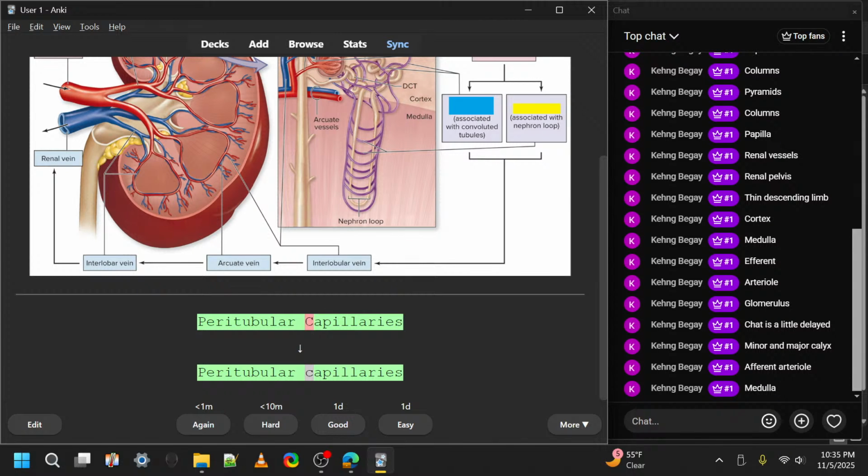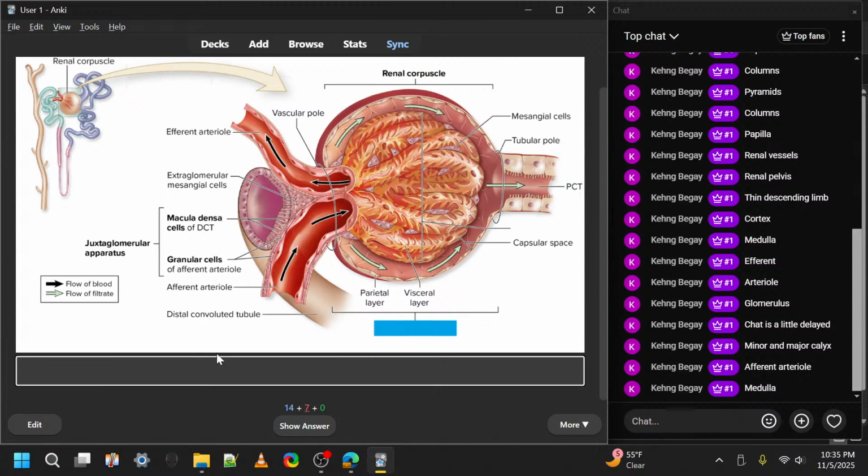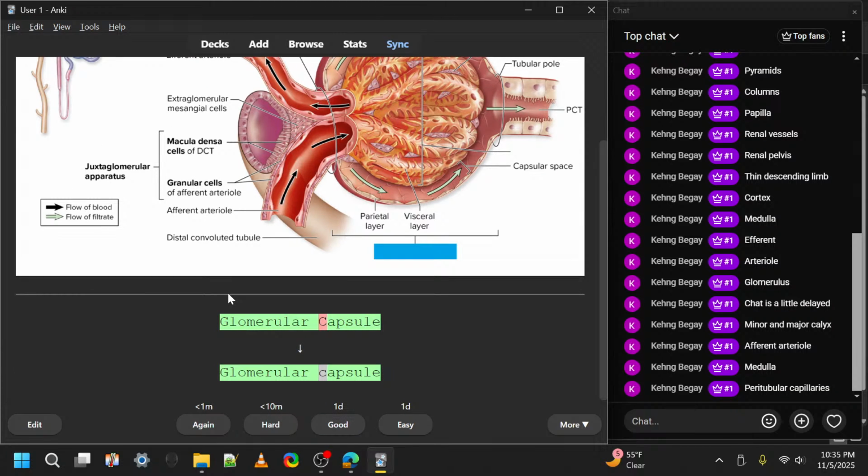Yeah, King. So this is the... I just did it. Glomerular capsule. There we go. Yes!